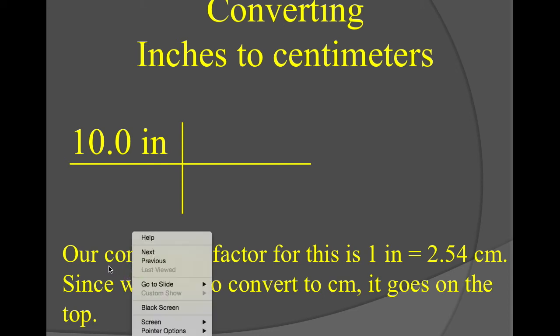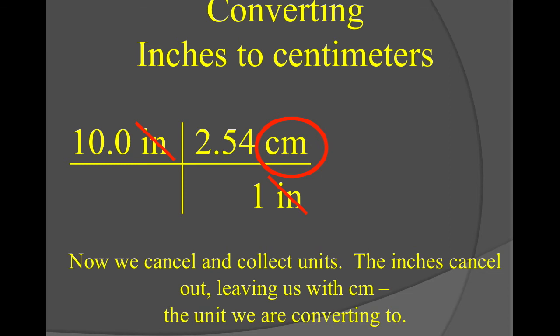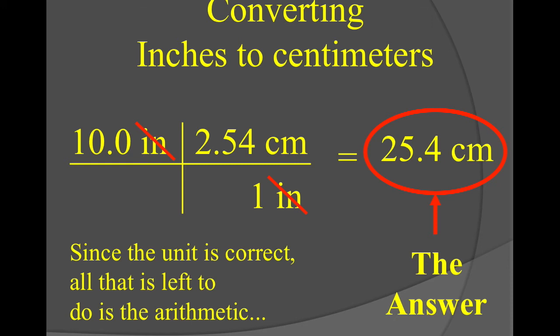So if we want to convert to centimeters, it goes on the top, because then the inches will go on the bottom. And then you can cancel, and what you're left with is the centimeters. Your answer is 25.4 centimeters. If you were to go to 25.4 centimeters on the ruler, you would see that 10 inches is on the other side.